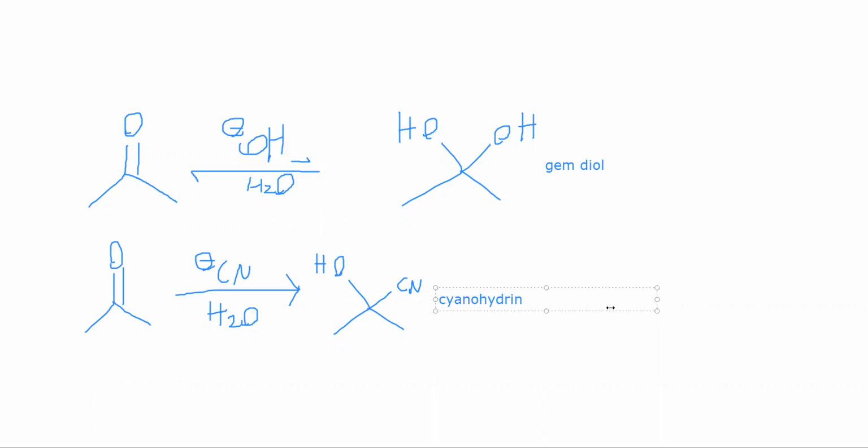Hopefully you can see the pattern, all of these have an alcohol, and then you just add a nucleophile along with the alcohol for the product. So with the Grignard, the nucleophile was an alkyl group, with hydride it was a hydrogen. Here it's alcohols or nitriles. It's always the same kind of thing.